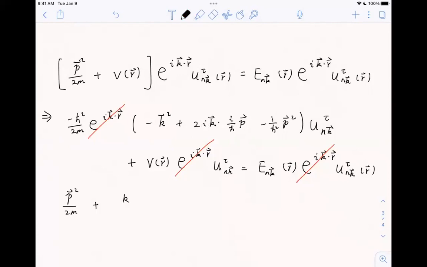So you have K dot P. And then let me see, you have the 2M and then a 2 here get cancelled. And then you have a M here. So this is H bar squared, this is H bar, so you still have 1 H bar. H bar here.